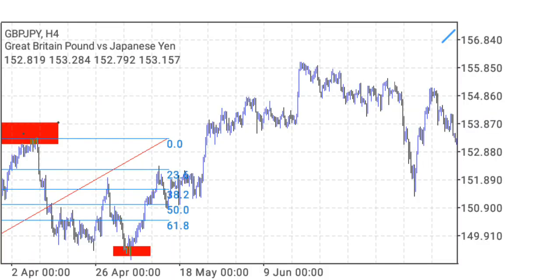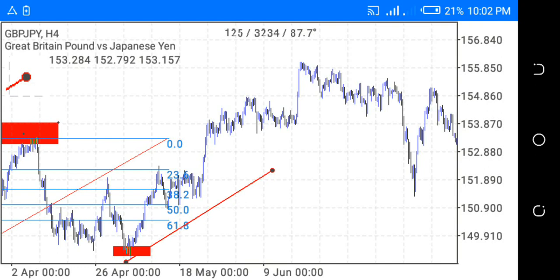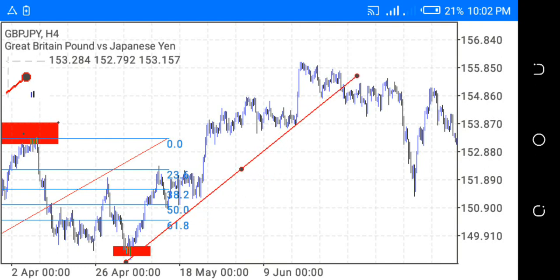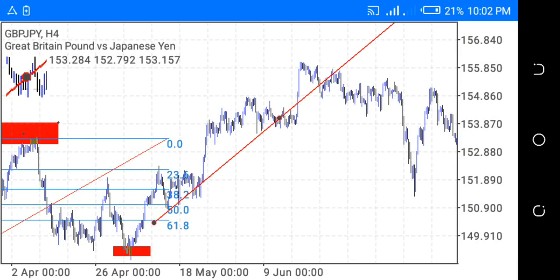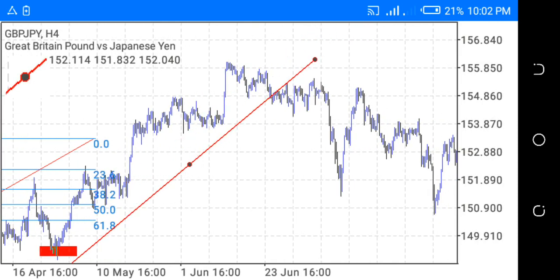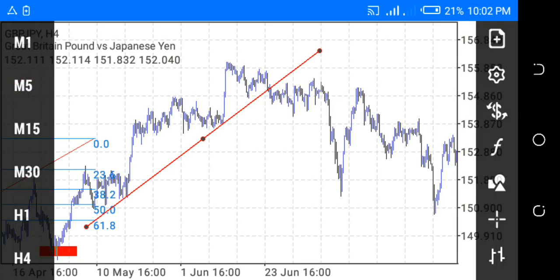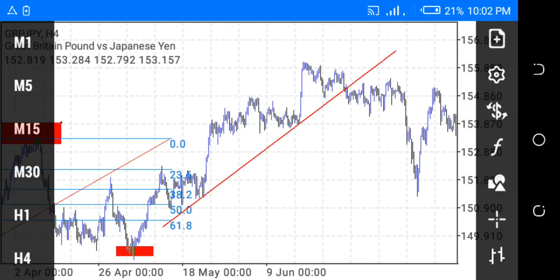So we draw a trend line. Once the trend line is broken, we're going to be exiting the trade.